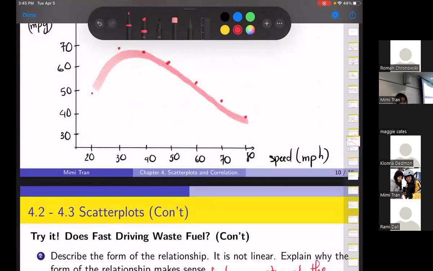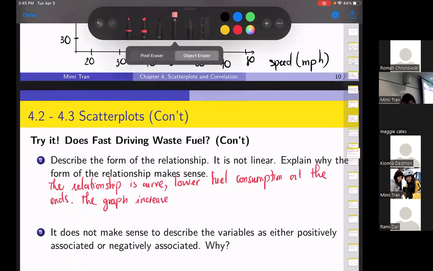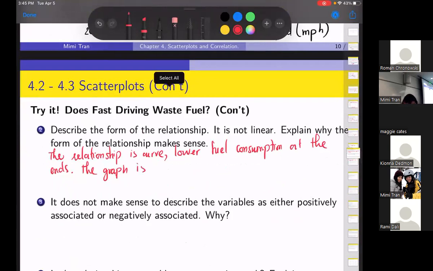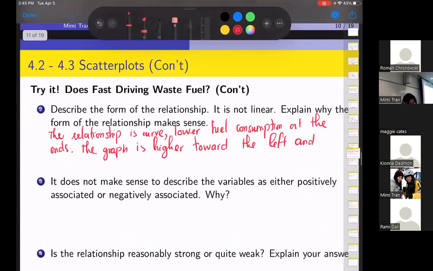It's higher toward the left, and then it steadily decreases as speed increases.